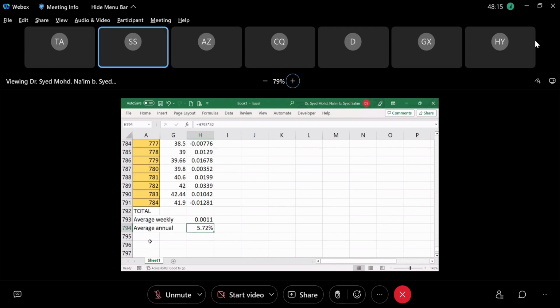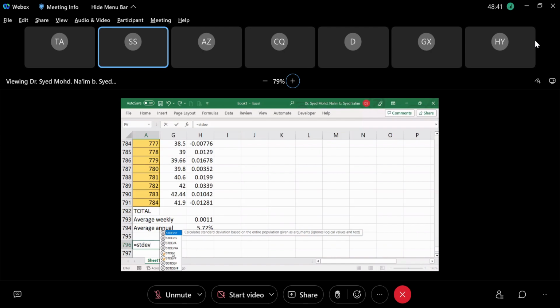So now we can compute. You could do it the long way, but it is easier with Excel because we can simply find the standard deviation, STDEV.S. This is a sample.